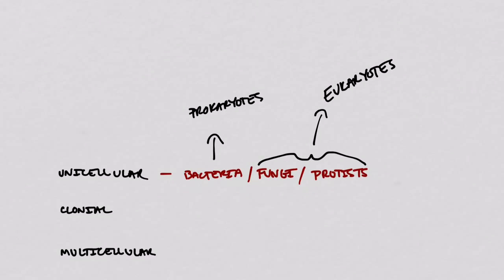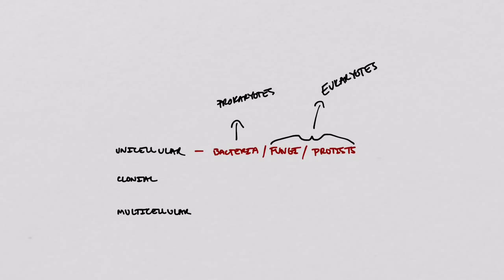Remember, these have nuclei and true membrane-bound organelles. Prokaryotes in general are much more simple than eukaryotes, but please don't confuse simplicity with success in life. There are actually many, many more prokaryotes on Earth than there are eukaryotes all combined.